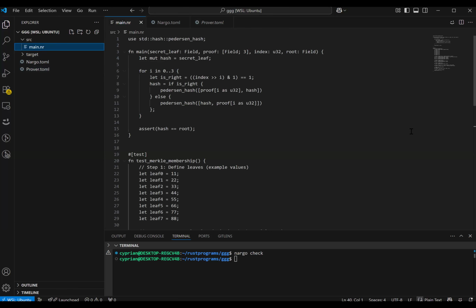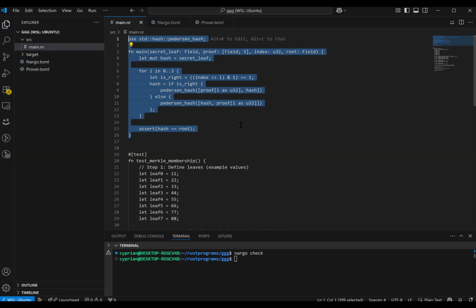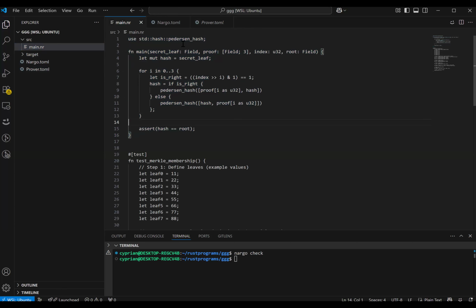And let's come to the main.nr and see how short this proof is. It begins from here. This is the proof. Very short. Now, you're using the Pedersen hash just to assist us in the hashing.